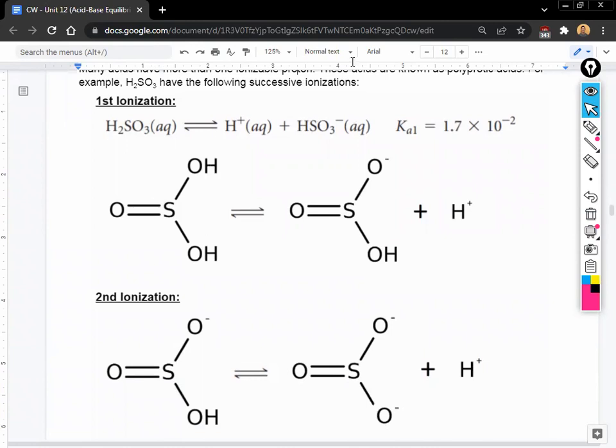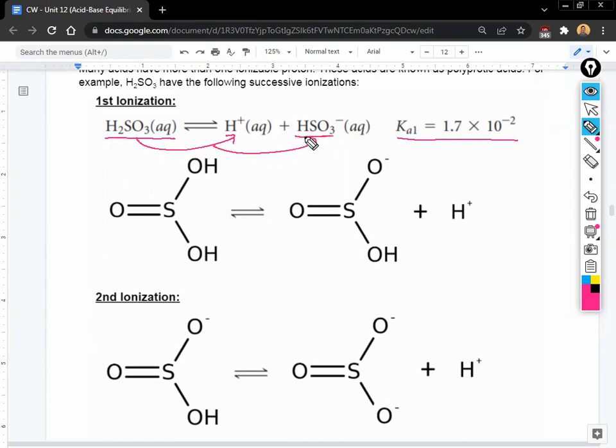So here we have a polyprotic acid. Our acid is H2SO3. And as you can guess, it can give up an H+, and then we get the conjugate base. We have a Ka for this equilibrium, but notice it says Ka1. This is the first ionization, because this acid can release an H+ and give up a conjugate base.